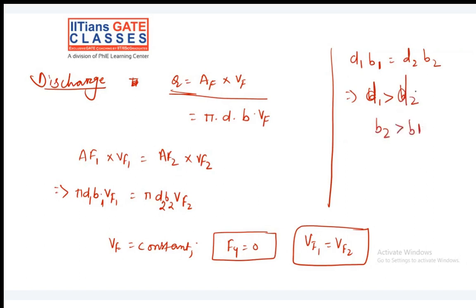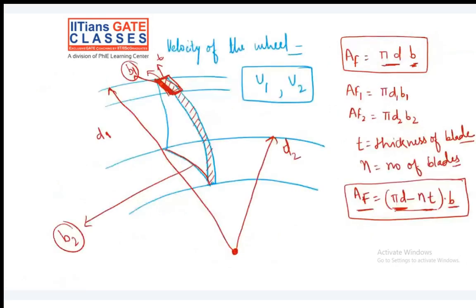Then only will this equation hold, d1 b1 is d2 b2. So that is why the blade I have drawn like this, that here we have one width and here we have another width, and there is a lot of difference between these two. Why? Because this is at the bigger diameter, so the width is less, and at the lower diameter the width is high. Okay.